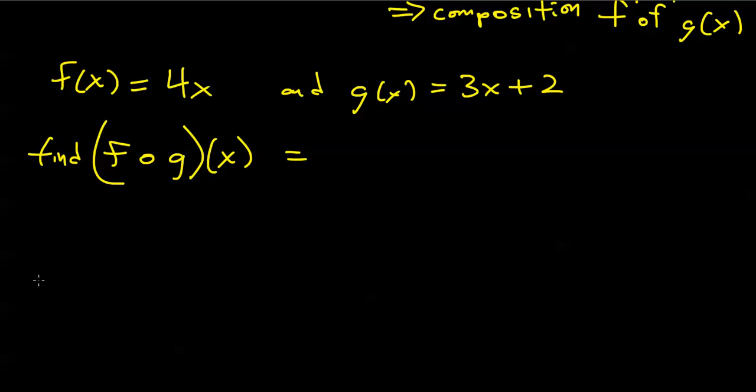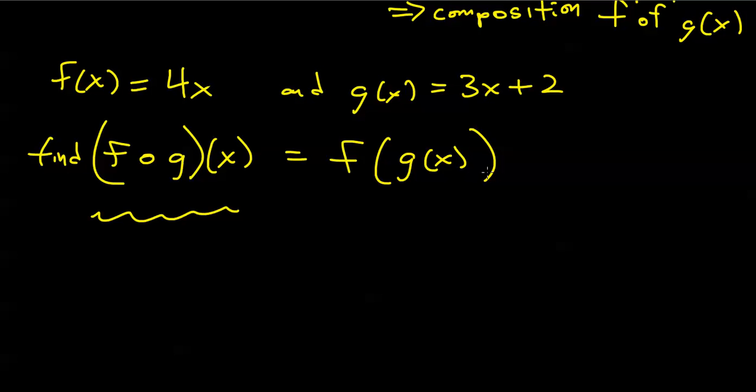This is somewhat formal notation for this idea of composing one function on top of the other. F composed with g of x is really f of g of x, and that's by definition.